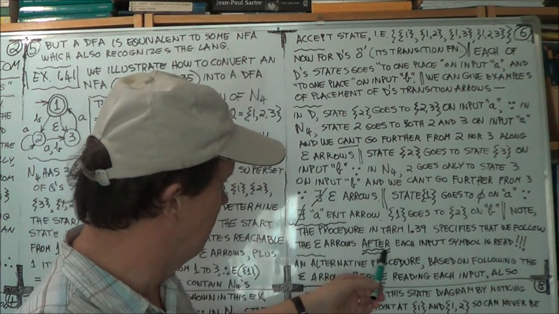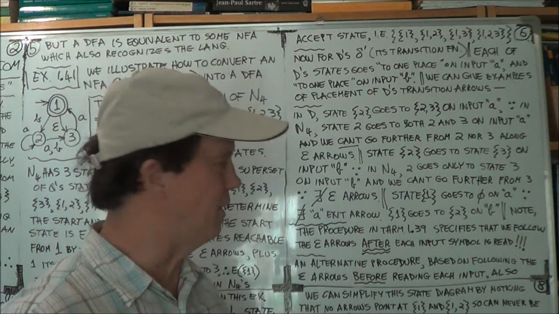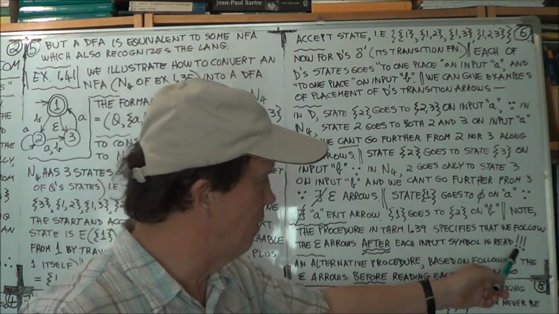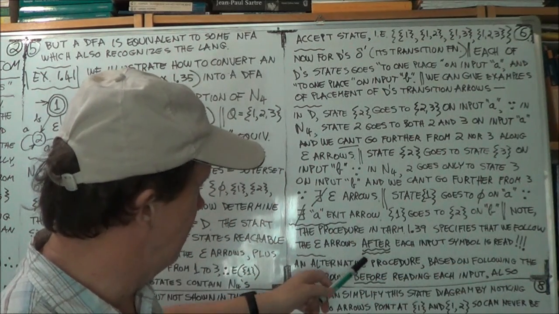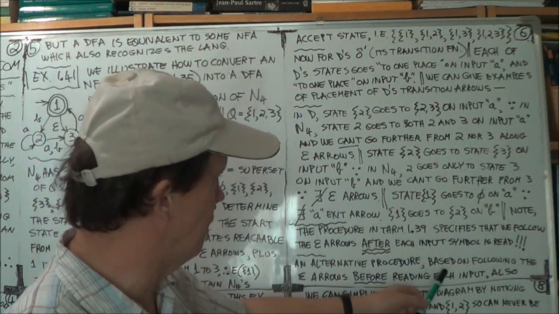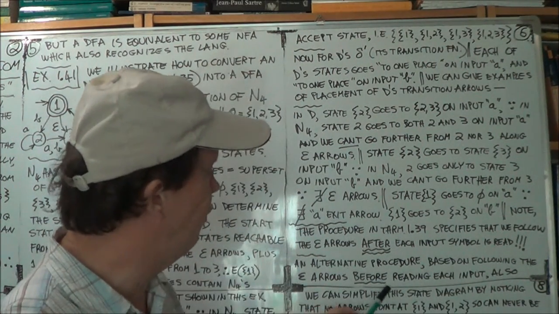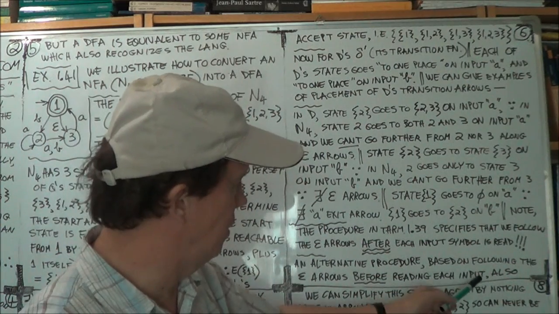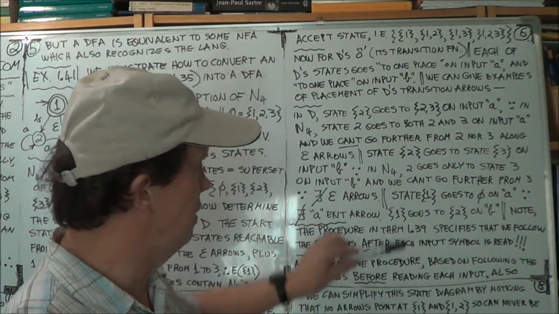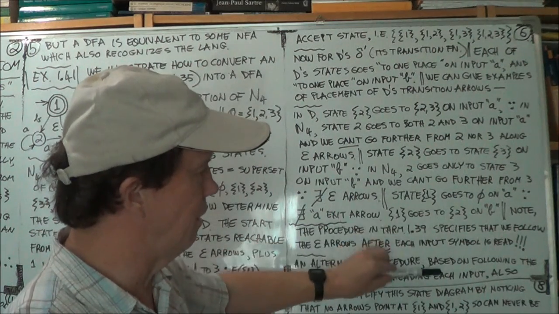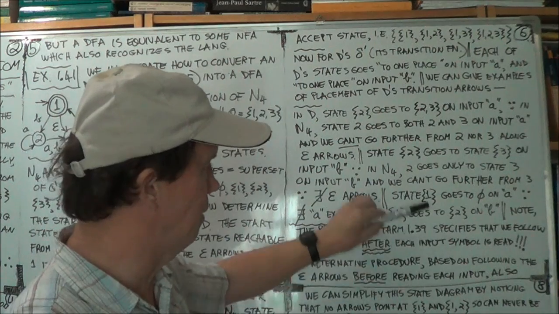So this is a case of the devil being in the details, right? Hence the 3 exclamation marks. And he also says there's an alternative procedure that you can follow. You can follow the eta arrows before you read each input. Okay. So I didn't pick up, and I'm not sure that Sipser stated either.